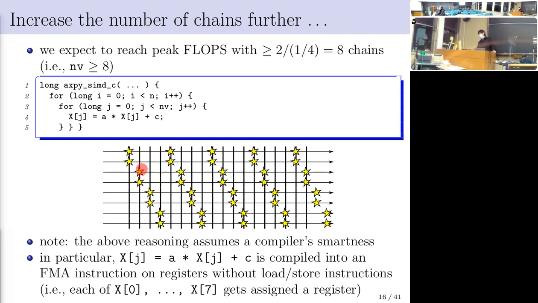So then what we hope will happen is something like this. If we set NV to, for example, 8, what we are hoping to happen is something like this. The reason why these 8 operations do not happen exactly at the same cycle is precisely because the processor has the limit of only being able to execute 2 FMAs per cycle.